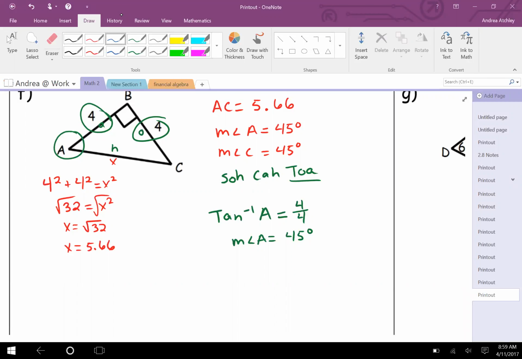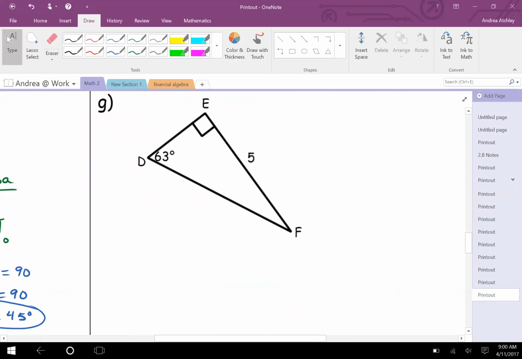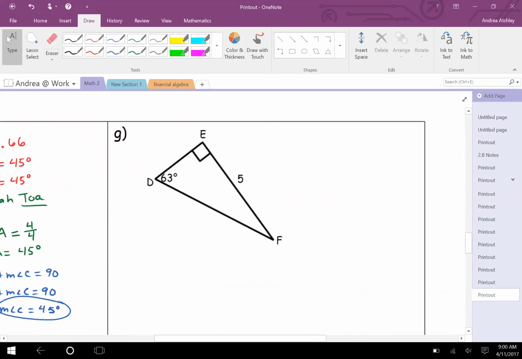Then to find angle C, my two non-right angles A and C, the measure of angle A plus the measure of angle C will equal 90 degrees. So 45 plus the measure of angle C equals 90, so the measure of angle C will equal 45 degrees as well. Any questions over that? Okay, continue on with this one. Check your work there.